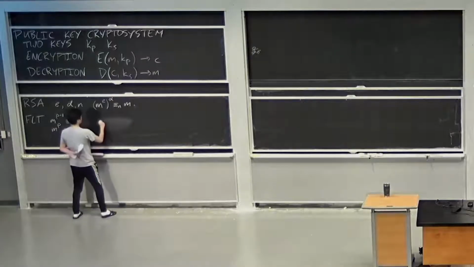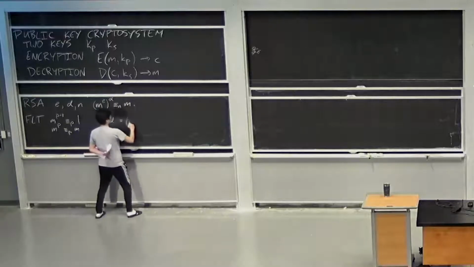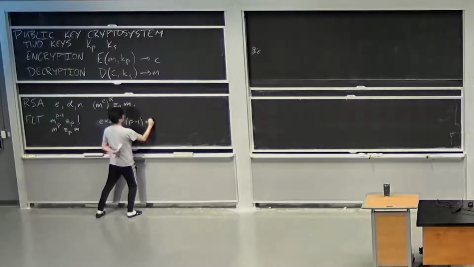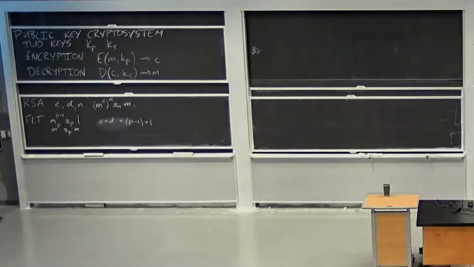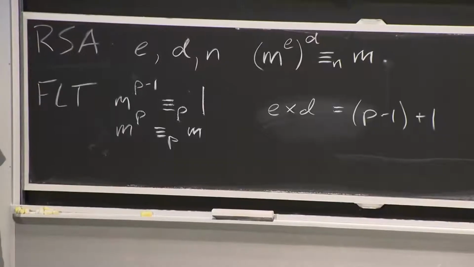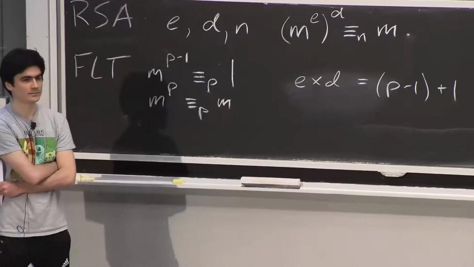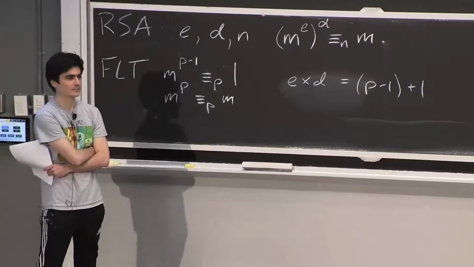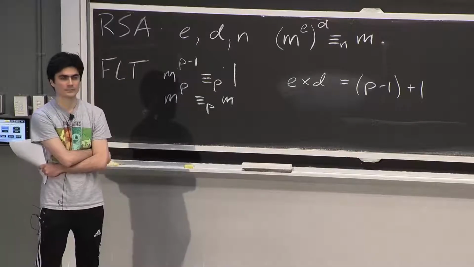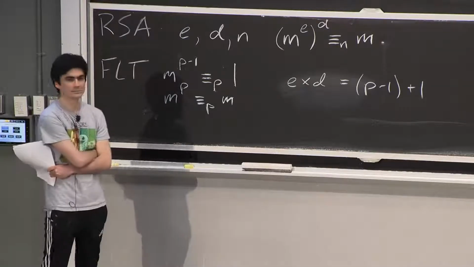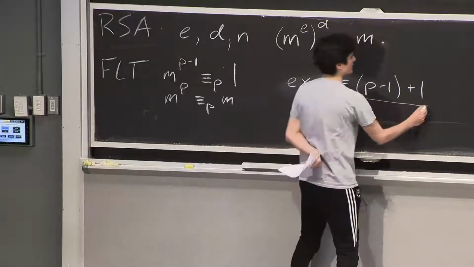So maybe I should rewrite this as the suggestion: E times D should be equal to p minus 1 plus 1. Does that make it any more clear how we can iterate on this? What other things would work here instead of p minus 1 plus 1?